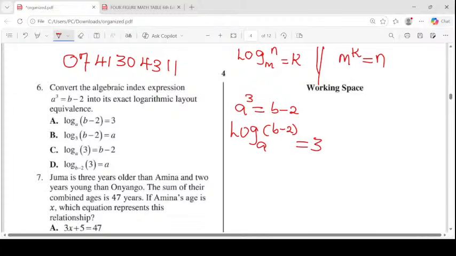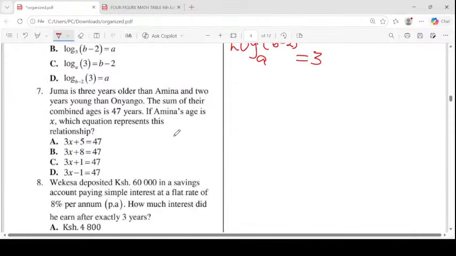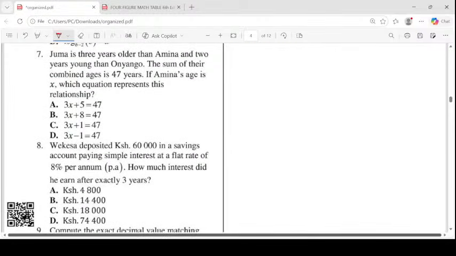Looking at the choices, choice A for apple stands out. Let us have a look at the next question, question number 7.